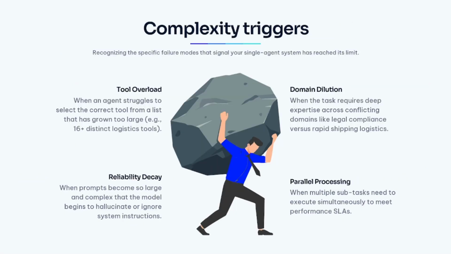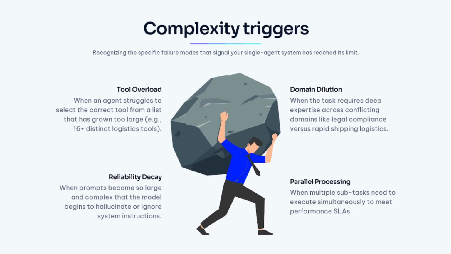Now, complexity triggers. When the single agent is overloaded, when it is no longer reliable. When a single agent is used for multiple domains, like the agent used in IT operations is being used in finance, procurement, supply chain, and HR, then it will be diluted.